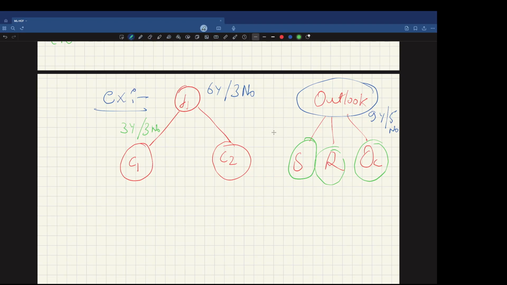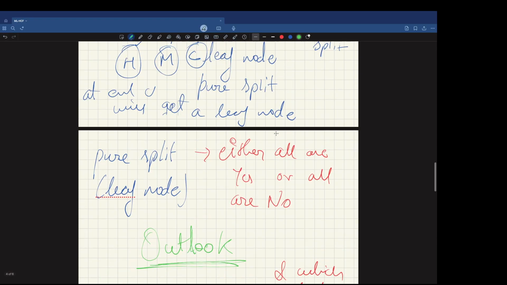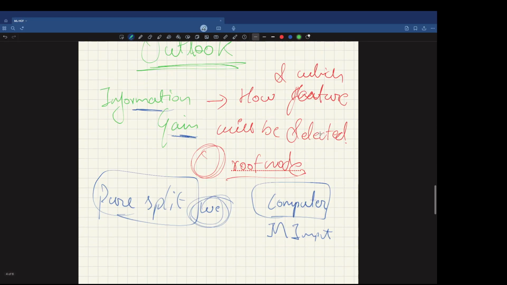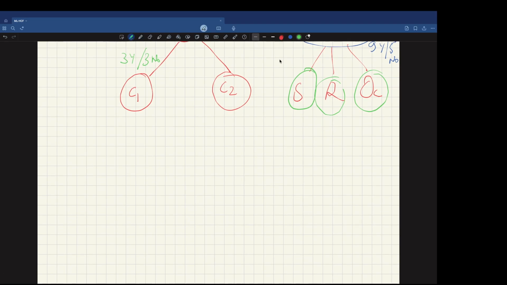So for the sunny, how many times was it yes? Somewhere we wrote, no? 2, 4, 3. Right, 2, 4, 3. 0 4 2, 5 times was this, so this will be 3, and this was also 5 times, so this will be 2.